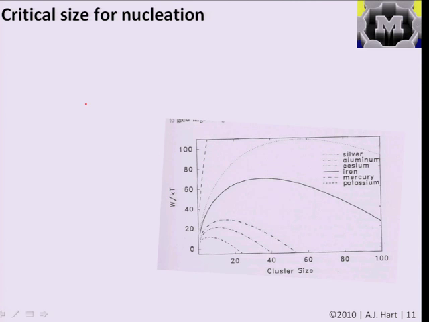And our final answer was that the critical radius was related to the surface energy of the material and its atomic volume divided by the thermal energy times the natural log of S, which was our supersaturation.